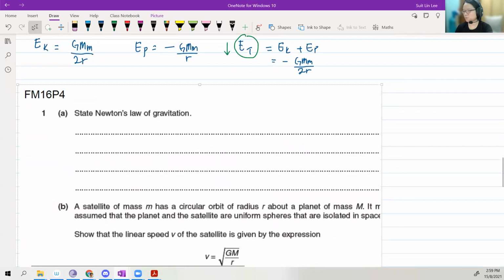So to begin with, you are asked to state Newton's law of gravitation for a total of 2 marks.